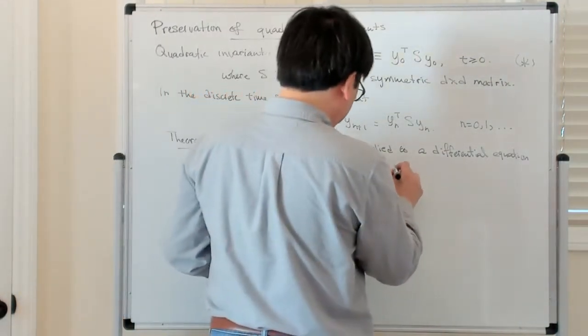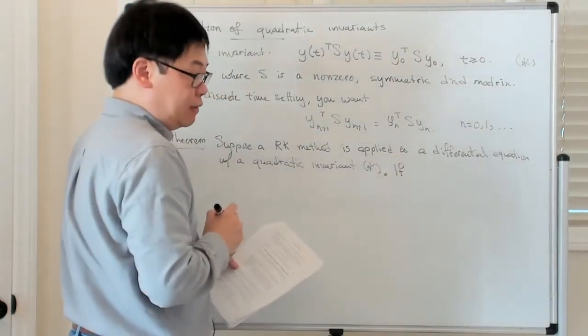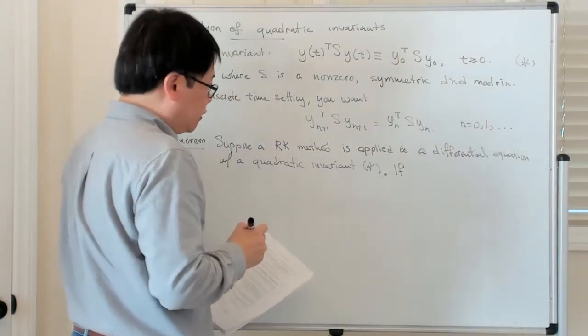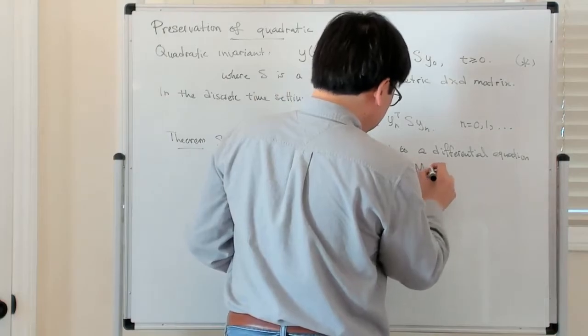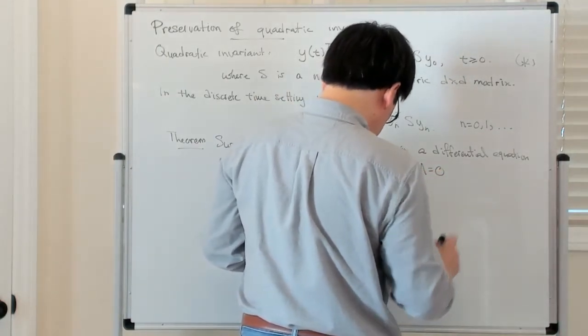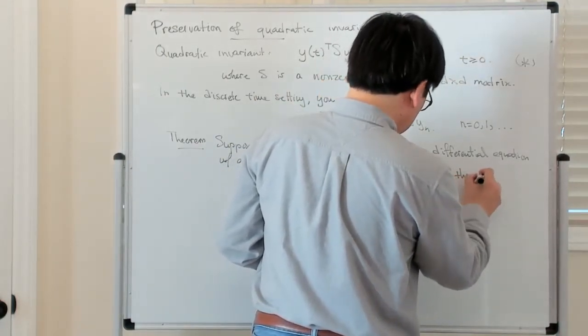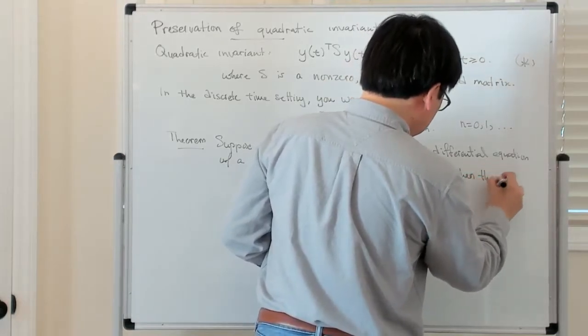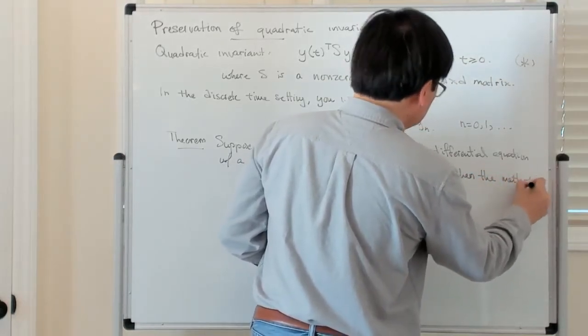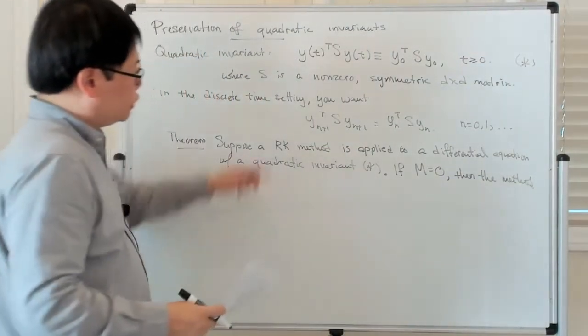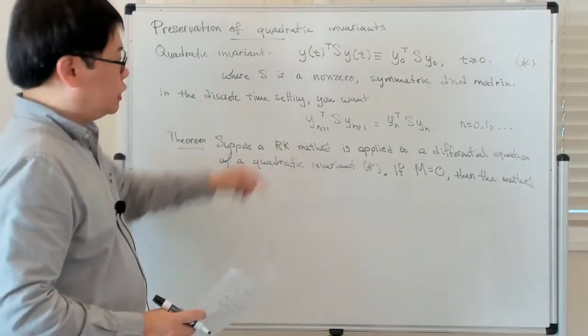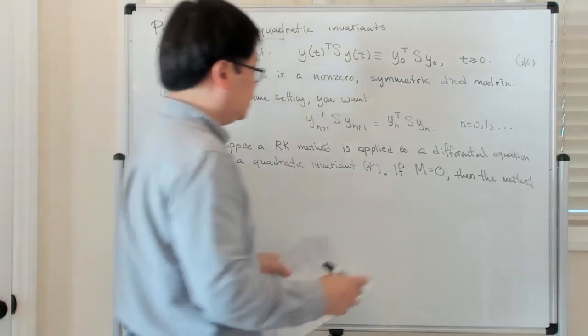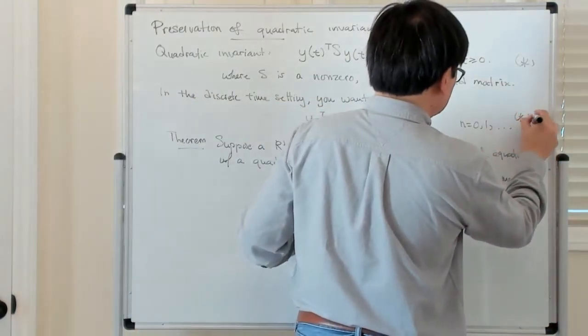Then if the famous M matrix associated with this Runge-Kutta method is identically 0, then the method satisfies this discrete version of the preservation of quadratic invariants. So let's call that star star.